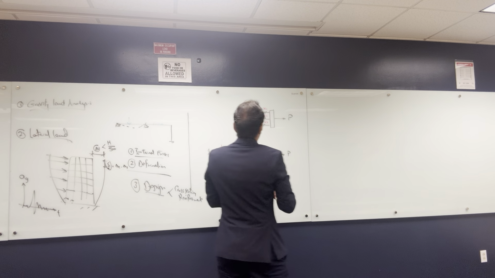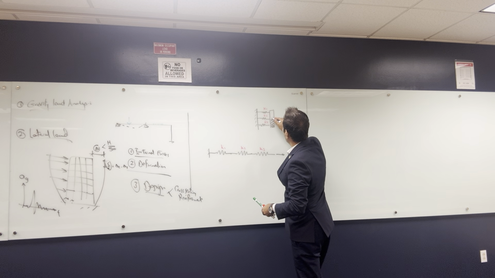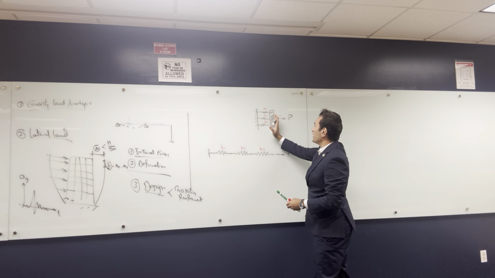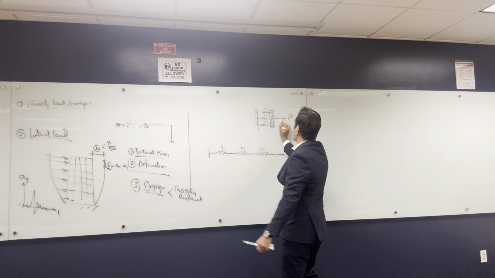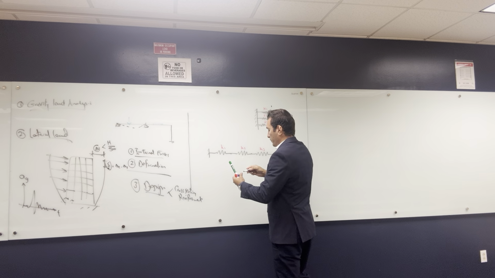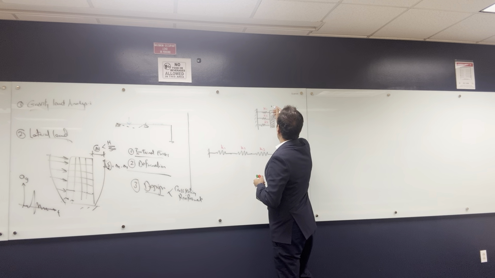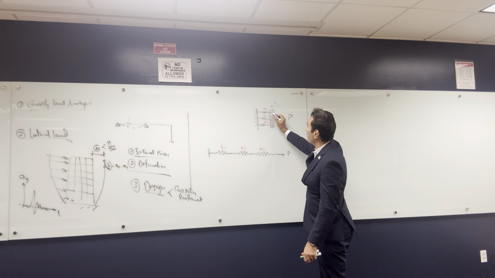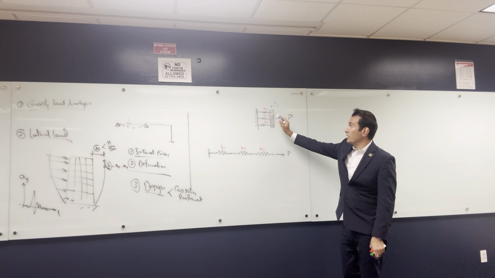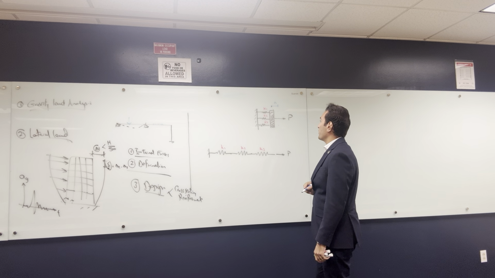So what is going to happen here? And here's a very, very stiff body. That means this body needs to move with a specific delta; it can't rotate this way or that way. So when you pull with force, this whole body is going to move delta like this, right? So all these springs are going to have the same delta. This spring is going to come here, and this spring here, and this spring here.